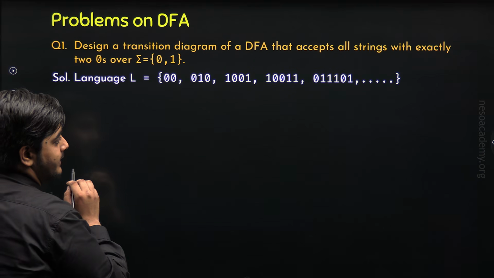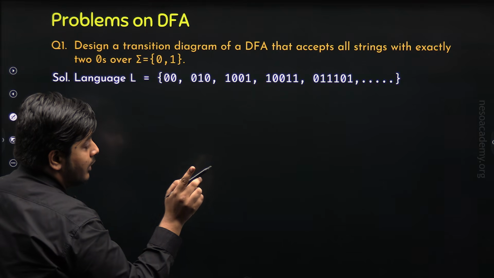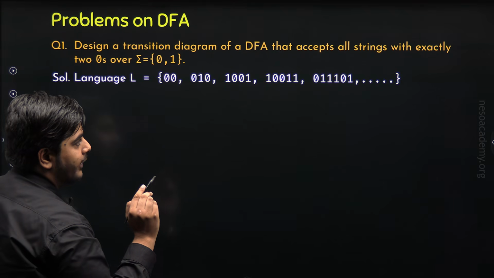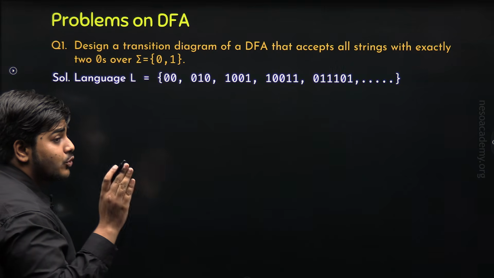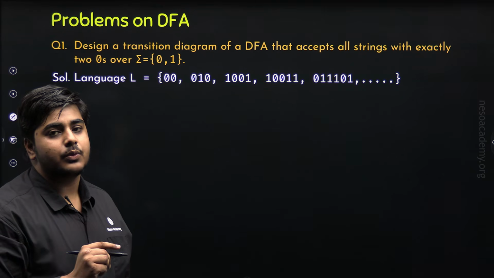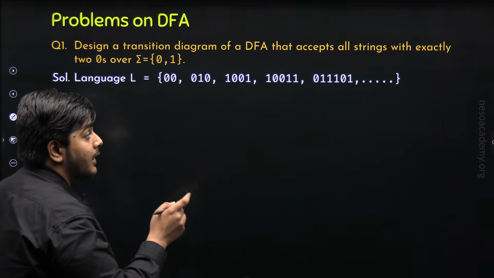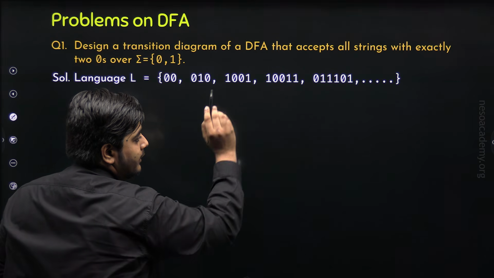In this language, you can see every string contains exactly 2 zeros, not less than 2, not greater than 2. But it is to be noted that there is no restriction on the position of zeros. That means it is not necessary that both the zeros will come together.